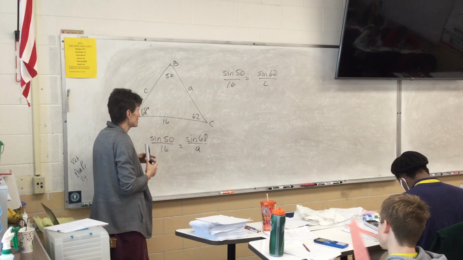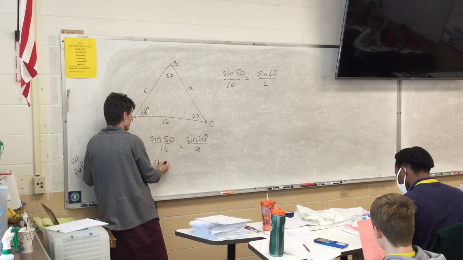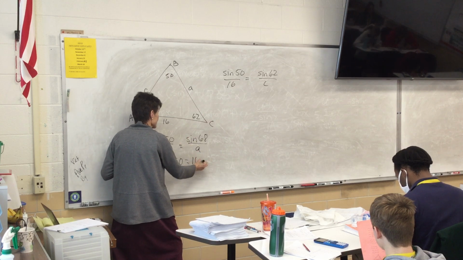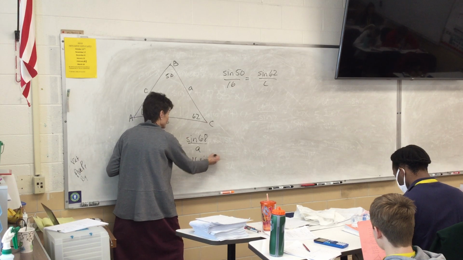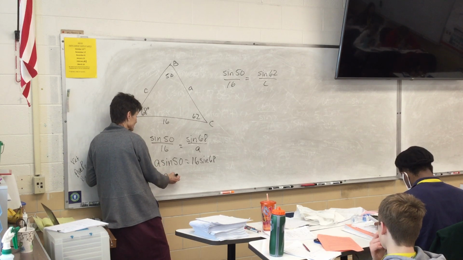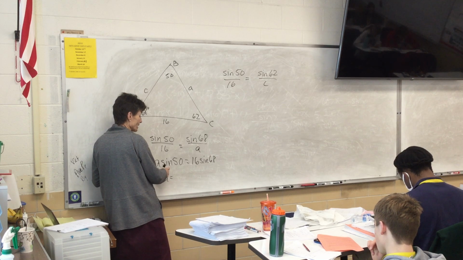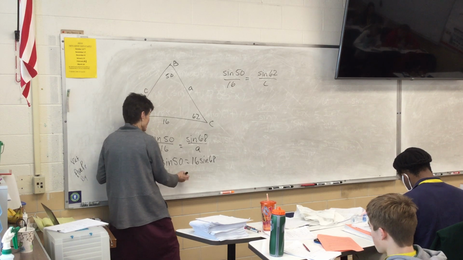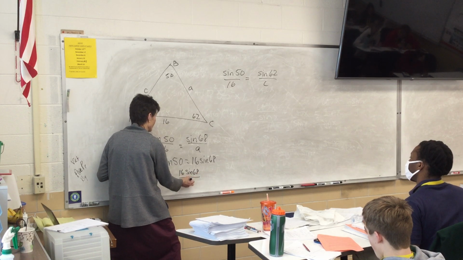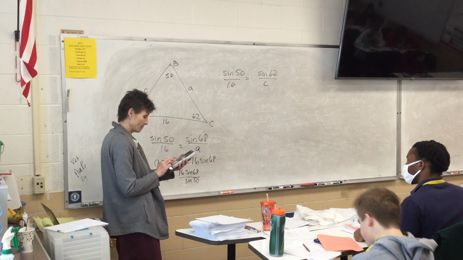You just have to do them both. So we're going to cross multiply. So A sine 50 equals 16 sine 68. Now we're trying to get A by itself, so what are we going to have to do? Divide by sine 50. So we're going to have 16 sine 68 divided by sine 50. And that's going to be side A.